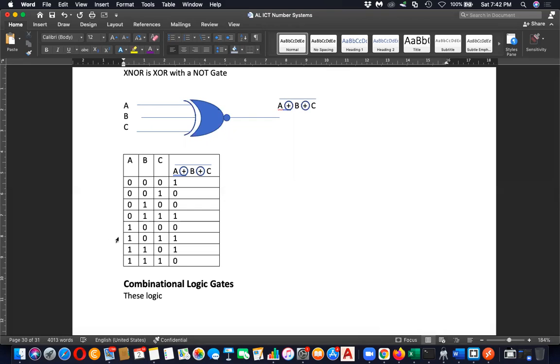Okay, these logic gates are producing outputs based on the current inputs.